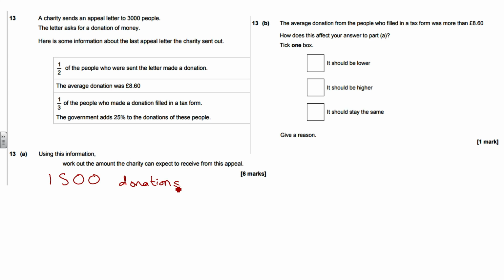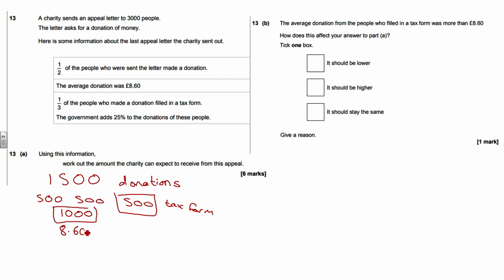So if we divide this up into 3, we've got 500, 500, 500. So 1/3 of them will do the tax form. So 1,000 didn't do the tax form. So these people donated £8.60. These people also donate £8.60, but an extra 25% as well.